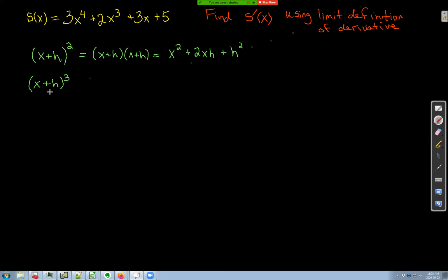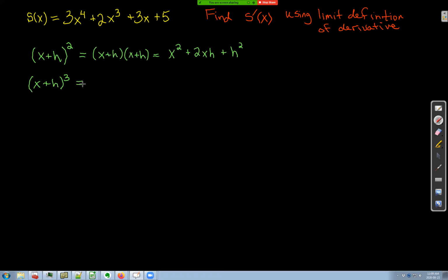So if you're wondering, wait, where is this coming from? It's not clear where it's coming from right now, but trust me that this will come up when we find our derivative. So what we want to do is be prepared for that. We want to be able to know, well, what is x plus h cubed?